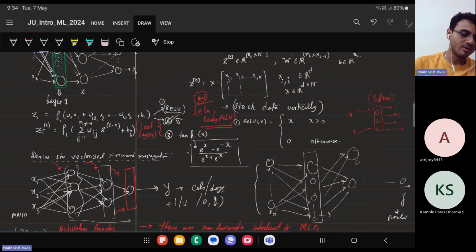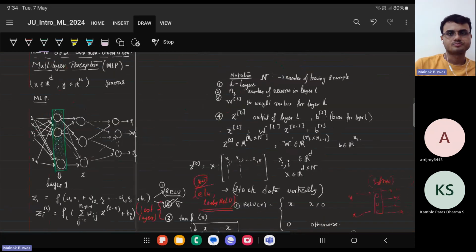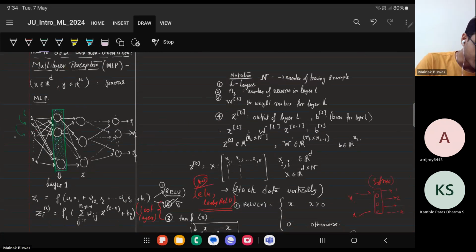If you're not following, I'll just go back to the diagram that I drew. These are your input features. Next, I have one neuron. Consider one neuron. This is the first layer. This is layer 1.